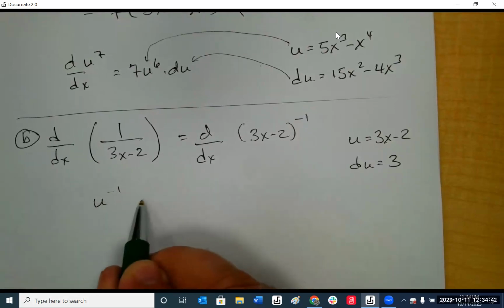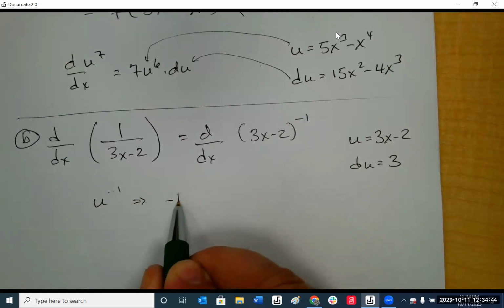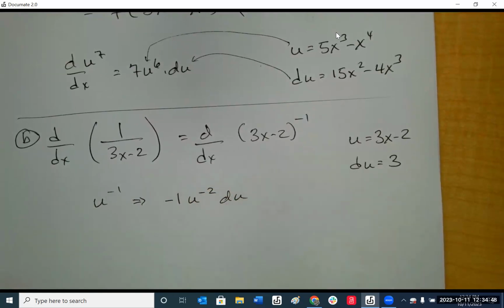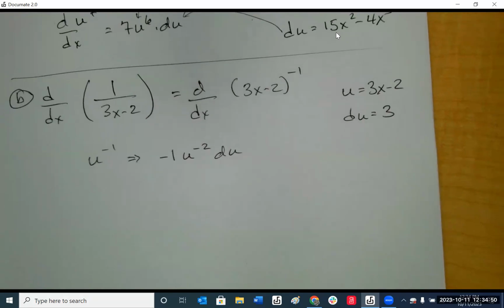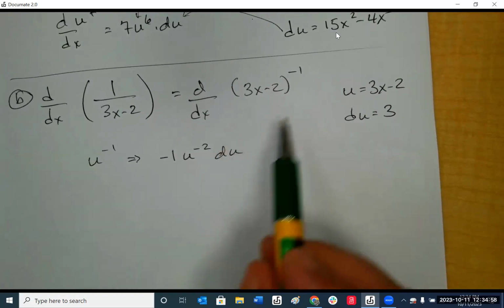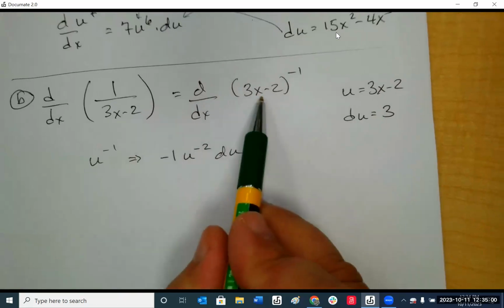Take the derivative of that: negative 1 u to the power negative 2 du. This looks a lot easier than all this.